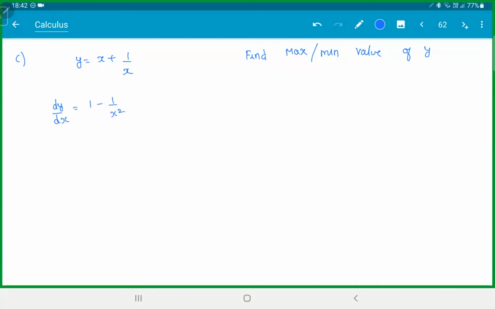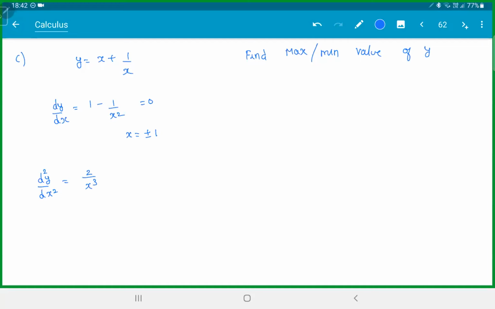I'm sure by now you must have got used to this level of differentiation. Equate to 0. You end up with x is equal to plus or minus 1. There are two roots. Now if you do double differential, that will be 2 by x cube.